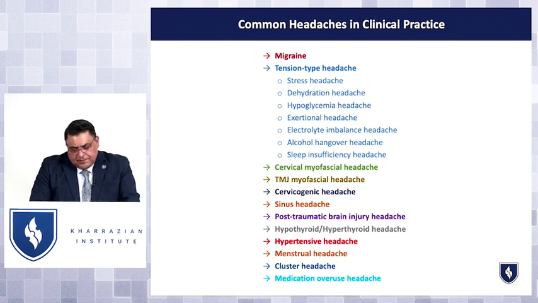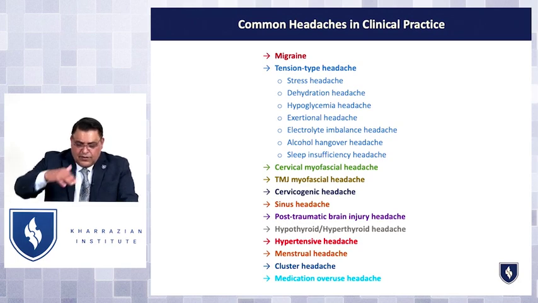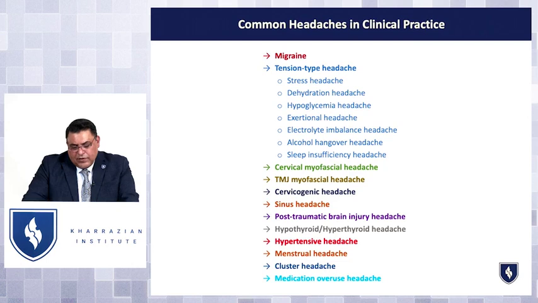And then the last one on this list we're going to cover is what's called medication overuse headaches. This typically occurs with patients that have migraines, and as they take their various types of migraine medications, mostly drugs that block one of the different types of serotonin receptors to slow down the inflammatory trigger that's taking place with migraine, over time patients will tend to use those drugs more and more.